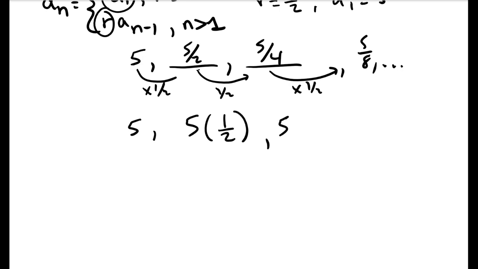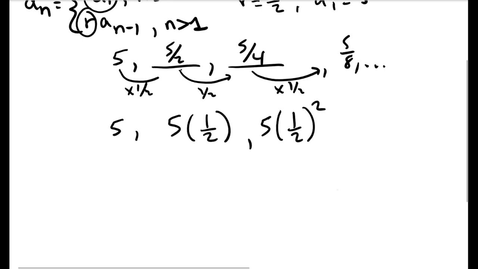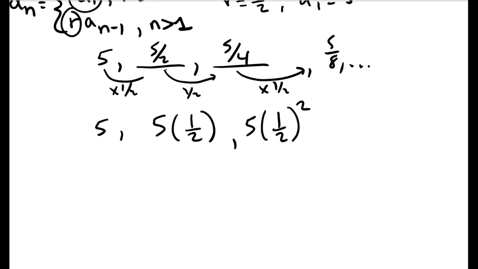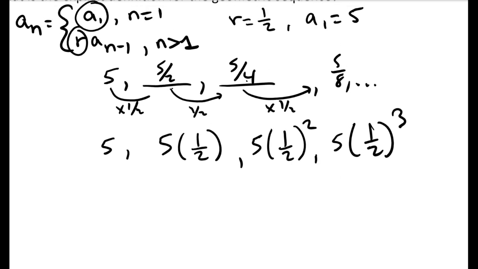For the next one, for this 5/4, we did 1/2 times 1/2, which is 1/2 squared. 1/2 times 1/2 is 1/4, and 5 times 1/4 is 5/4. Then we multiply by 1/2 yet again, and we get cubed. So we're basically multiplying by 1/2 a bunch of times, and those halves are building up over time. And that's how we get the 5/8, the 5/4, and so on.